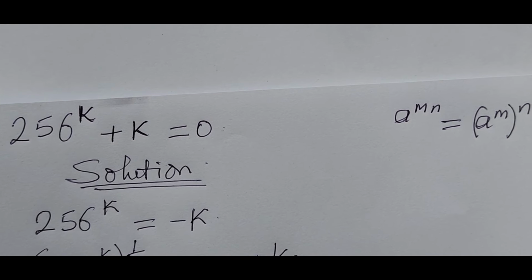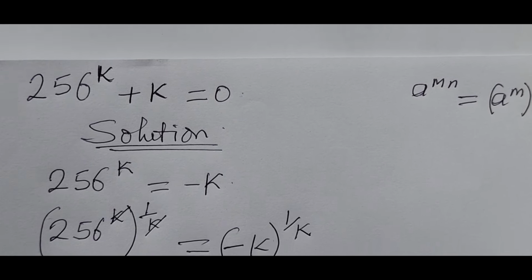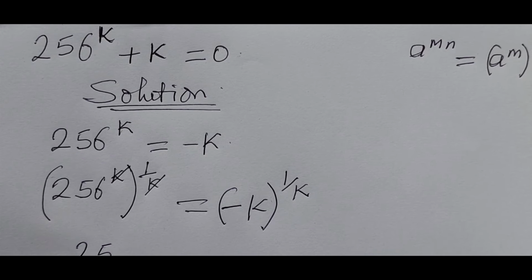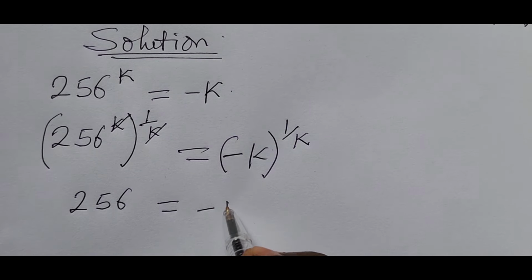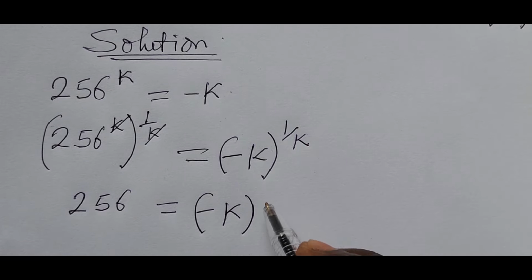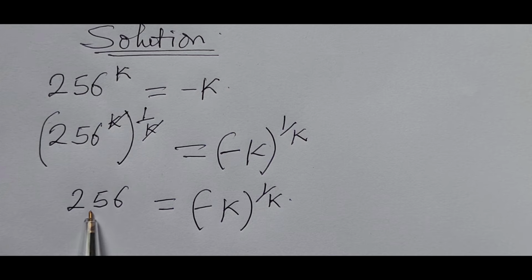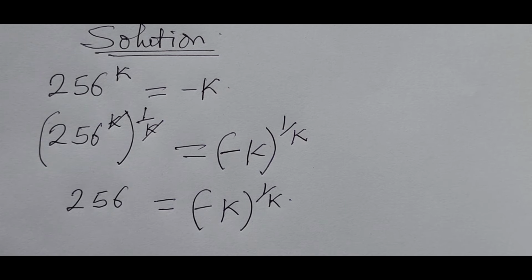So we can use this to multiply, and so we are now left with 256 equal to minus k, all raised to the power of 1 over k. Remember, this expression 256 can be written as 4 to the power of 4.